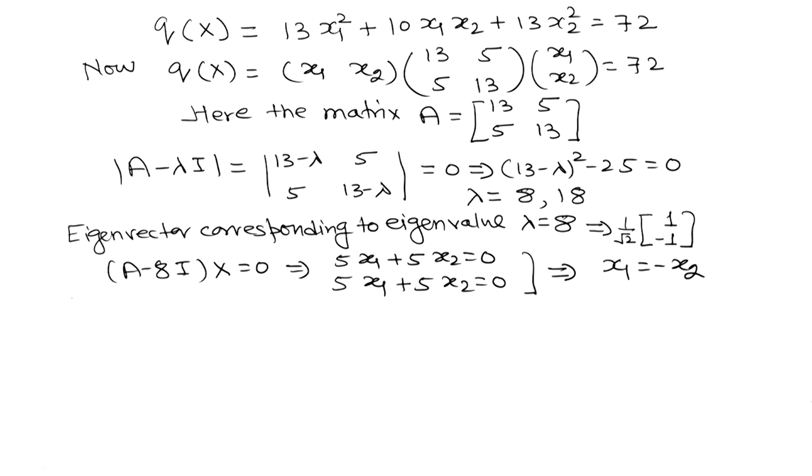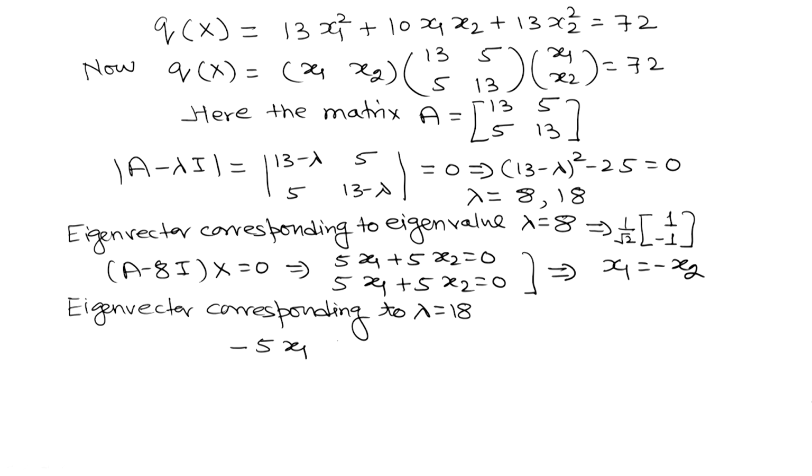Similarly, if I calculate the eigenvector corresponding to eigenvalue lambda equals 18, then 13 minus 18 will become minus 5, so minus 5x1 plus 5x2 equals 0, and the second equation will become 5x1 minus 5x2 equals 0.